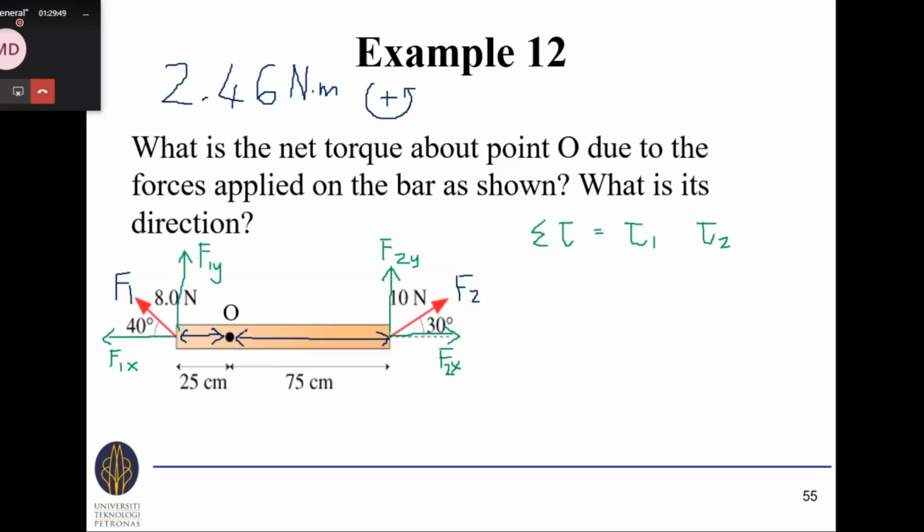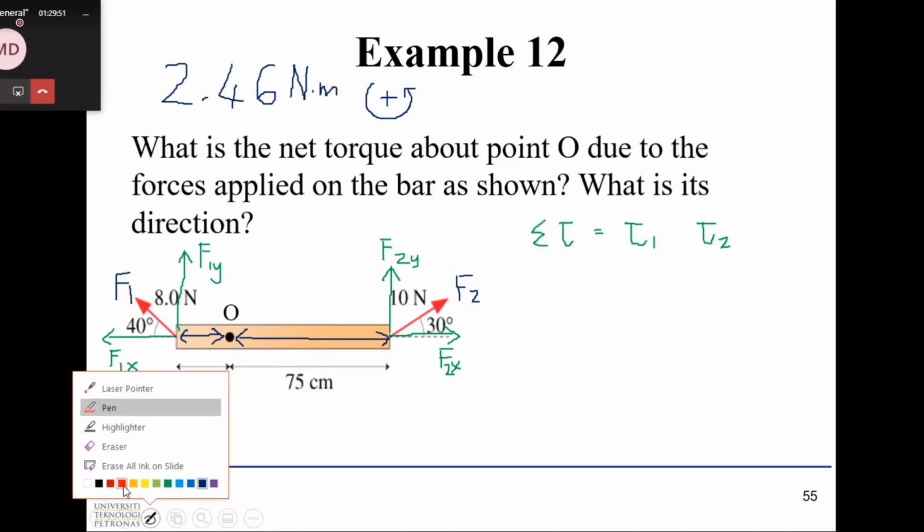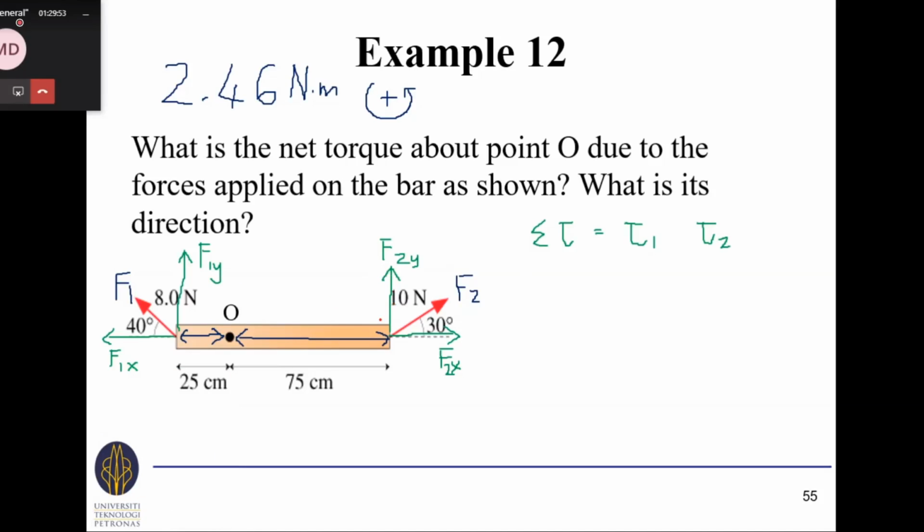F2y will make a counterclockwise direction. F1y will make a clockwise direction towards the axis of rotation. So this is plus and this is minus, and that means tau 2 will be plus, tau 1 will be negative. Okay, proceed from there.